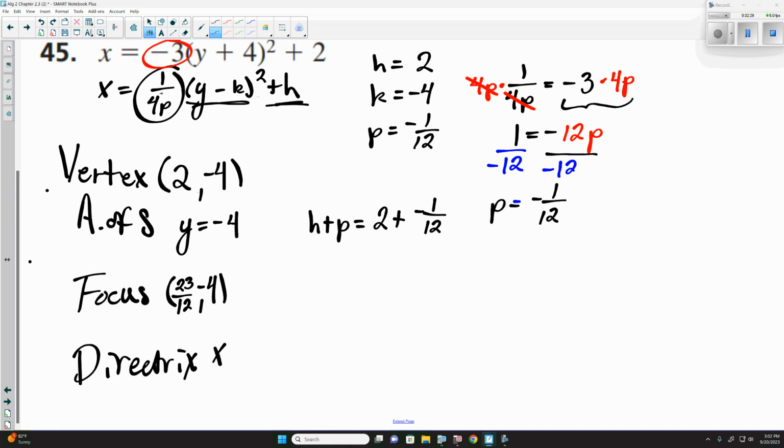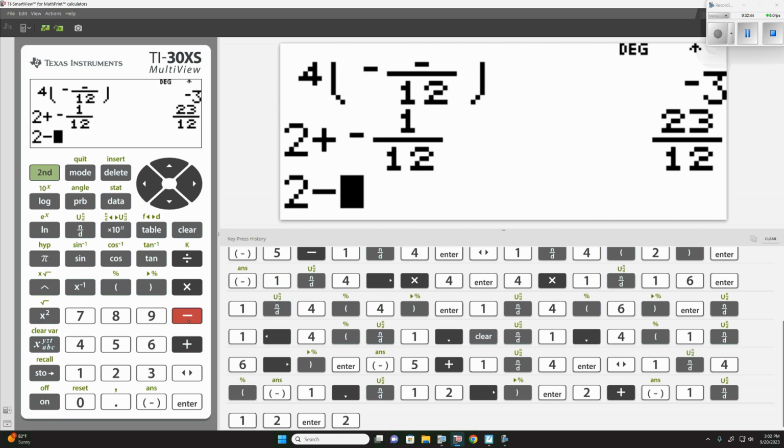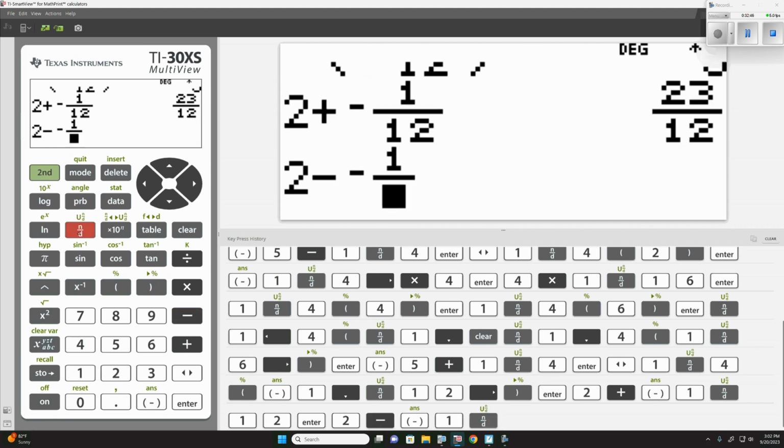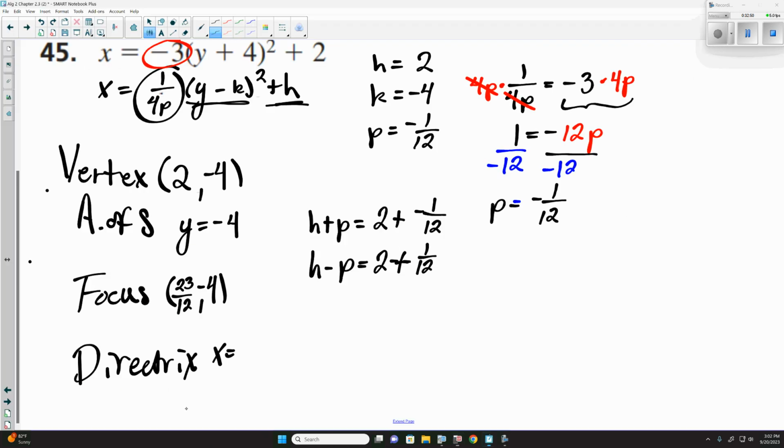And this is our x is equal to h minus p. So 2 minus negative 1/12. Well, the negative and negative would make a plus. And 2 minus negative 1/12 is 25/12.